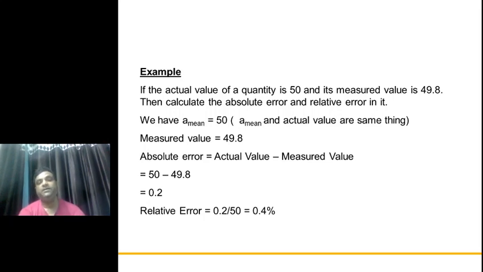We already know the actual value is 50 and the measured value is 49.8. Absolute error is actual value minus measured value, which is 0.2. In terms of percentage, we divide it by 50 and get the relative error, which is 0.4%. So this is the first example we have taken.